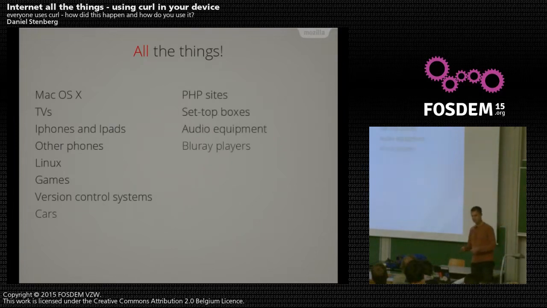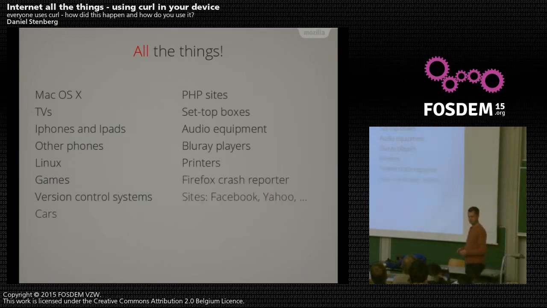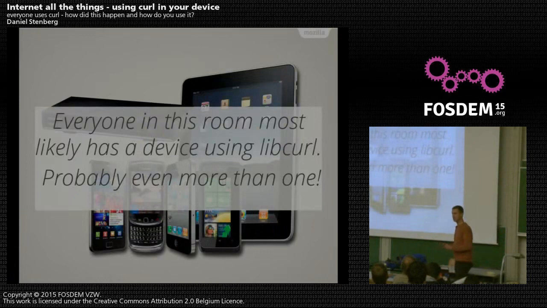Blu-ray players, they apparently also download a lot of stuff. Printers, Firefox crash reporter, which makes it fun because it's delivered in all the Firefox releases. Anyway, I would even say that there's not a single person in here who's not using curl. Probably most people are using curl in at least one device, probably in many more devices.